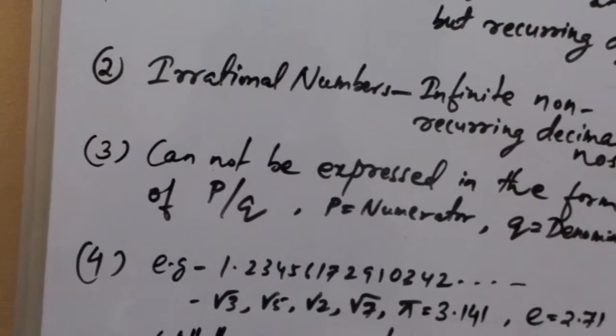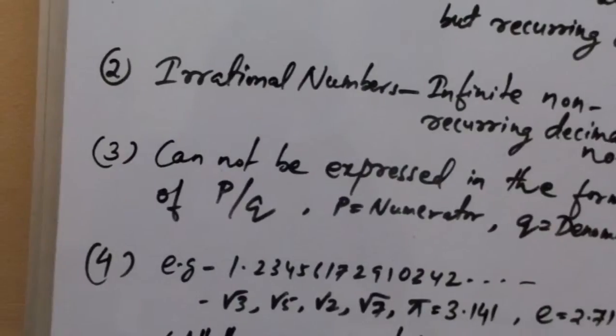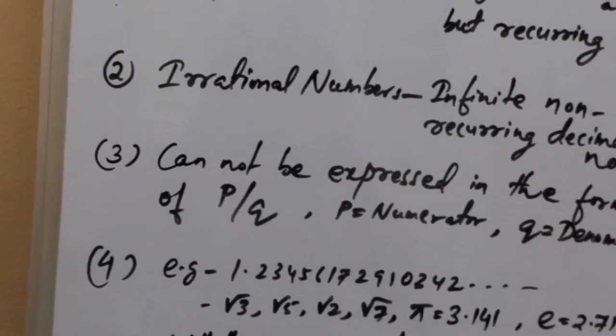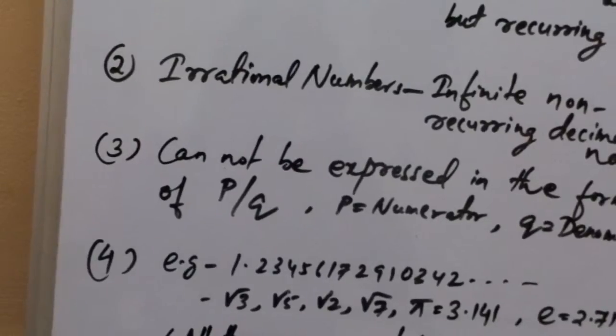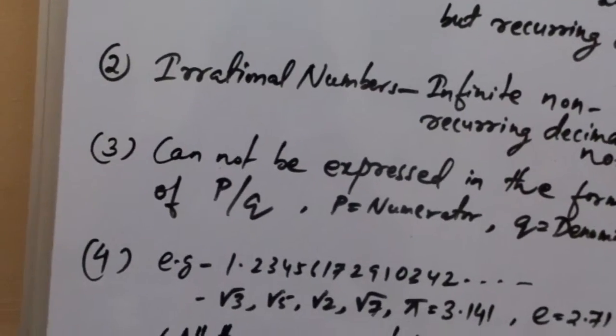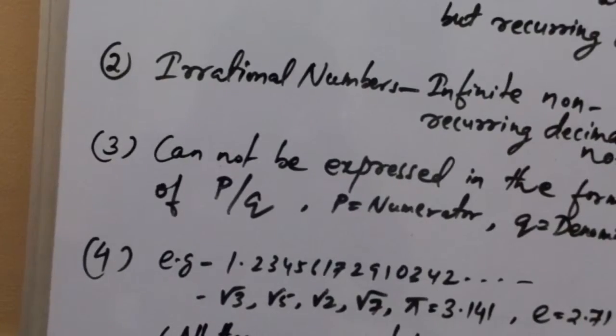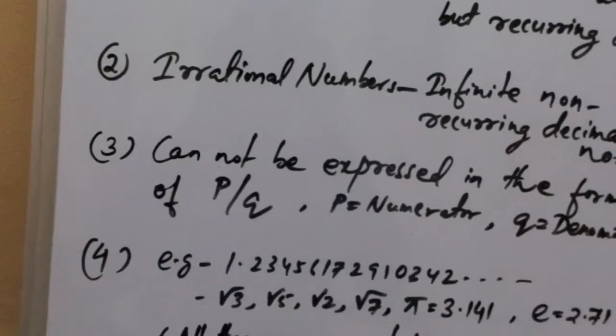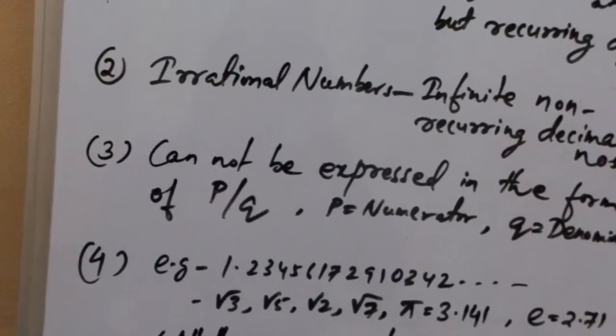No, definitely not. You can see 2, 3, 4, 5, 6, all are different digits after the decimal. So this 1.23456 and so on, we cannot define in the form of p by q. That's why it is called an irrational number.